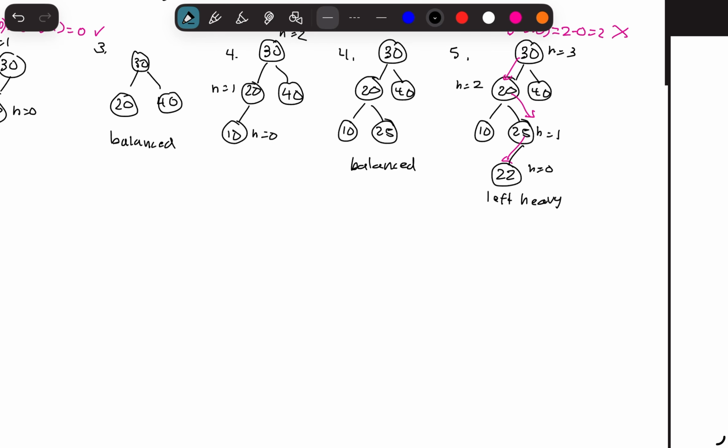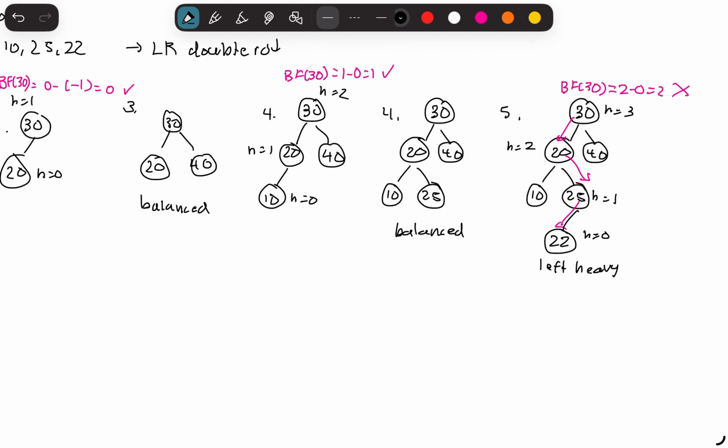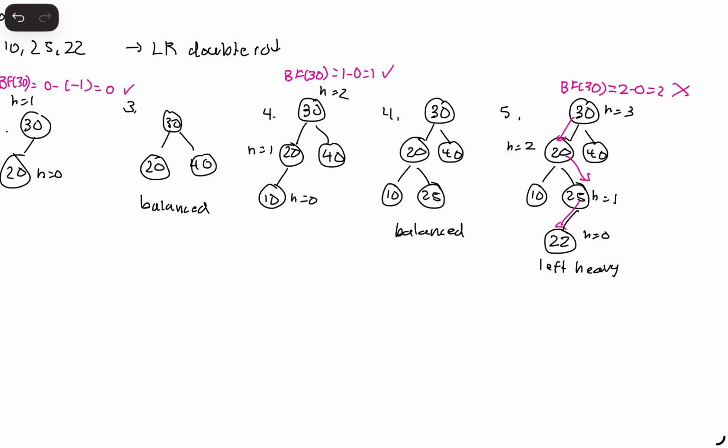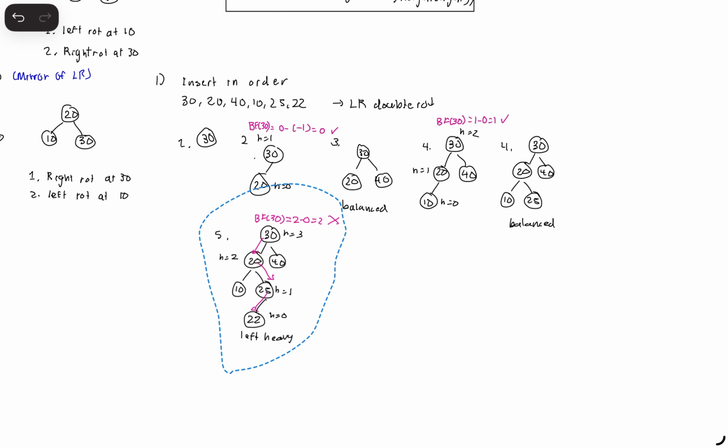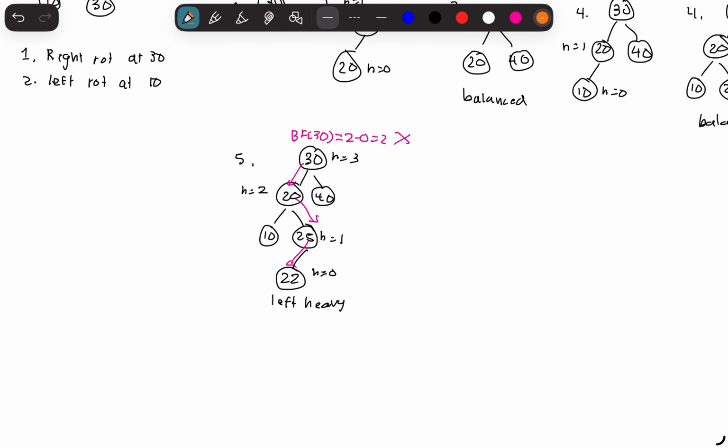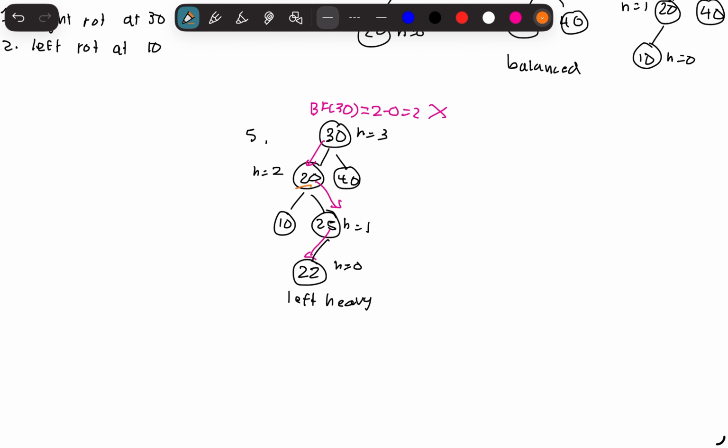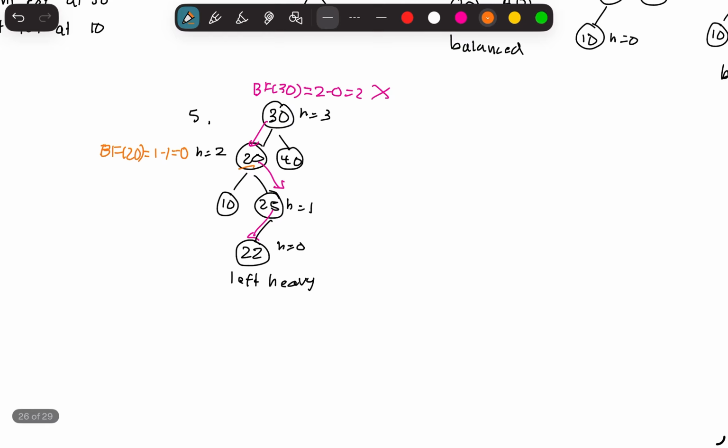Now, if you're at left heavy, let's check child 20. We're actually running out of room, so I'm going to just move this down here. So BF of 20 is going to be 1 minus 1, which is equal to 0. So we're wondering, is it right heavy? But now we have to calculate the rest of them.